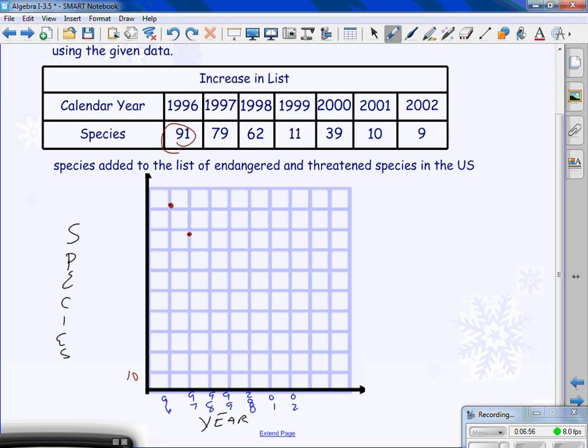In 98 it is 1, 2, 3, 4, 5, 6, and a little bit. 99 is 11. So go up 10 and a hair. 2000's 39, which is almost 40. 1, 2, 3, 4, just below it. 2001 is exactly 10. 2002 is just below.